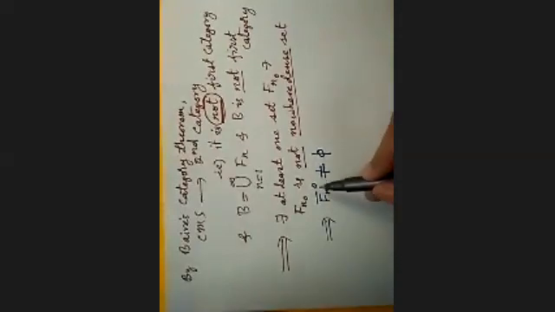Nowhere dense means what? That implies the interior of the closure of Fn naught is not null. Bar means closure, and interior, so the interior of the closure of Fn naught is not null.